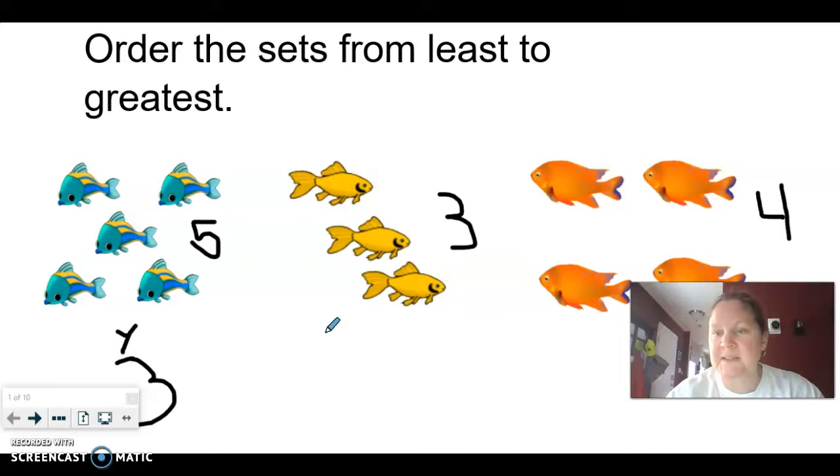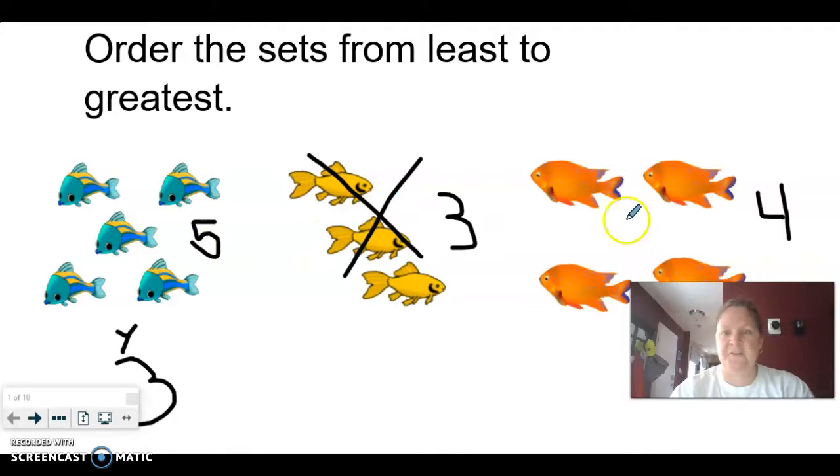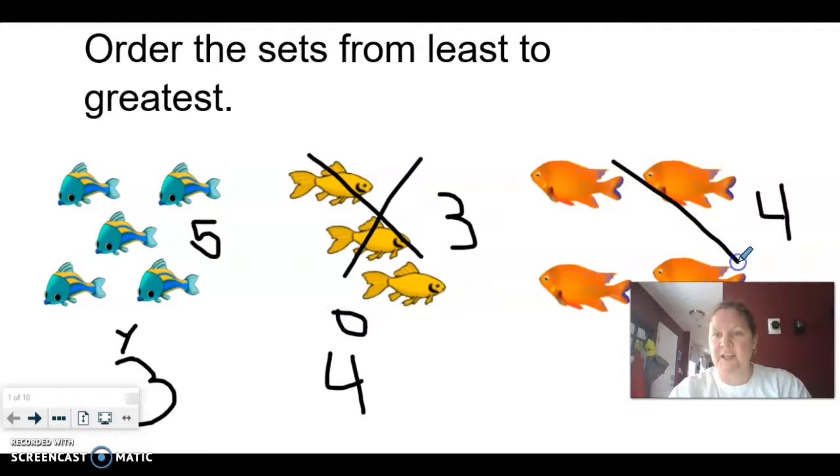What comes next? What's the next smallest? So we used these already. I can even put an X on them. I know I already used them. What comes next? 5 or 4? When I'm counting, what do I say next? 3. Good. The 4 would be next. So 3 and then the 4. So the yellow fish and then the orange fish. All right, so that means what is the greatest?